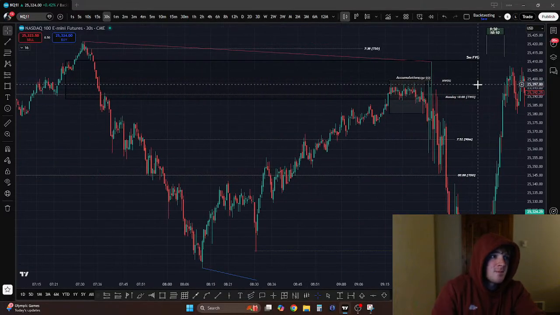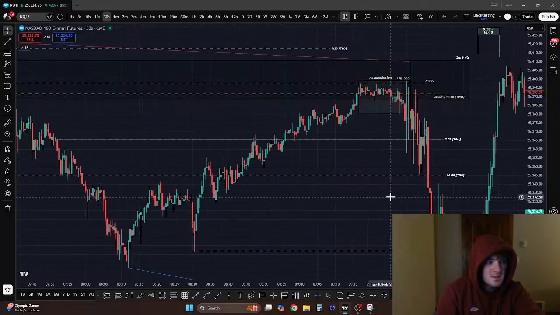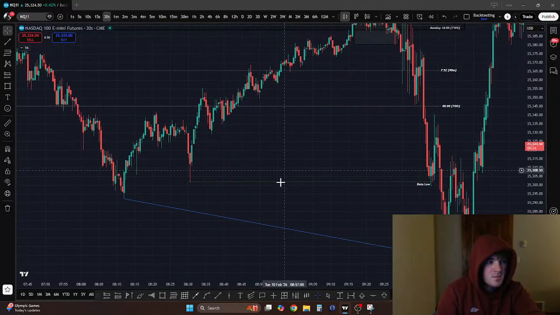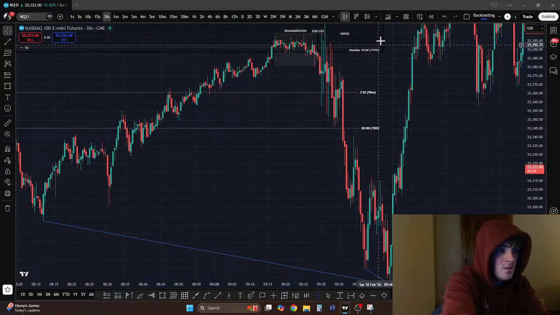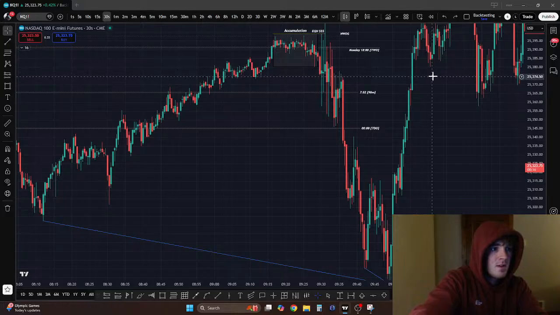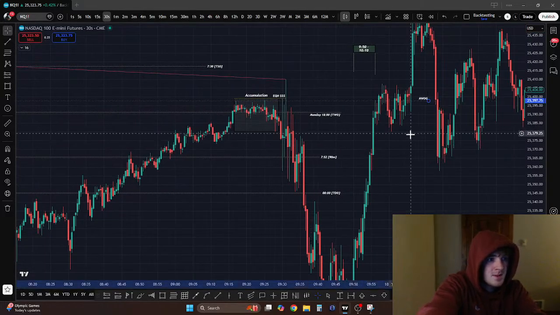Okay, it's getting kind of messy. I'll look at something else. Oh, look at the new week opening gap getting used over here.